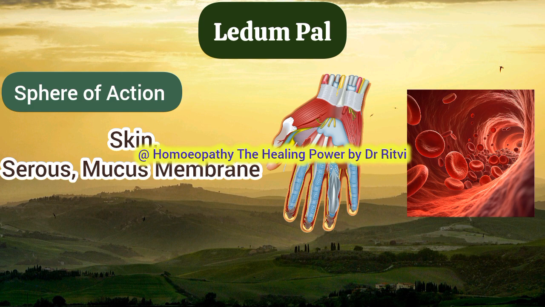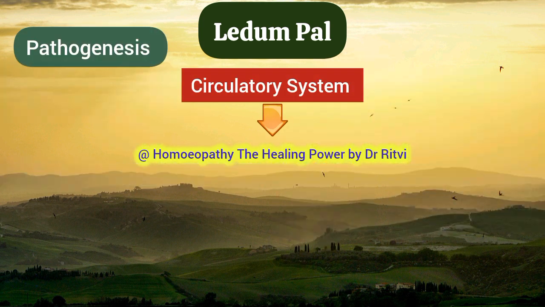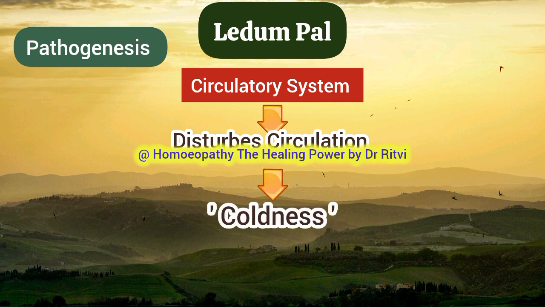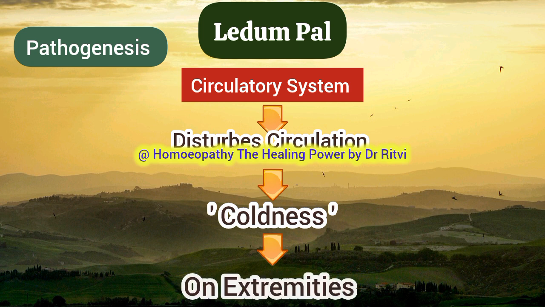By acting on the circulatory system, this remedy disturbs the circulation, and that is the reason coldness is felt on the external surface. The circulation is reduced on the external surface of the body, especially on the extremities, and that is the reason the coldness sensation is felt by the patient on the surface of the body.